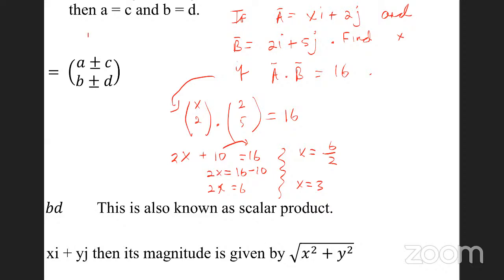There's a rule that says every time we have i and i, or we have j and j, that product is always going to be 1. So you can take off i and you can take off j and you'll get 1. But if instead you end up with i multiplied by j or j multiplied by i, you're going to get 0.